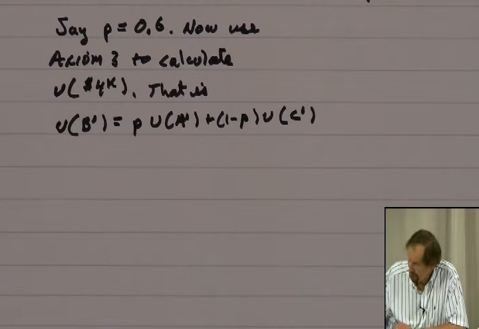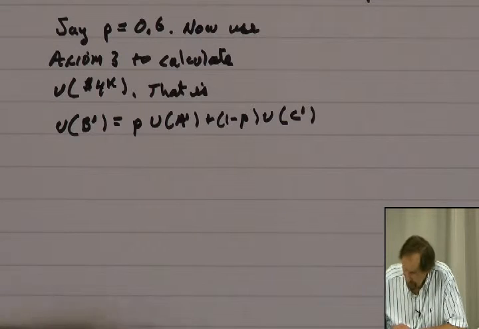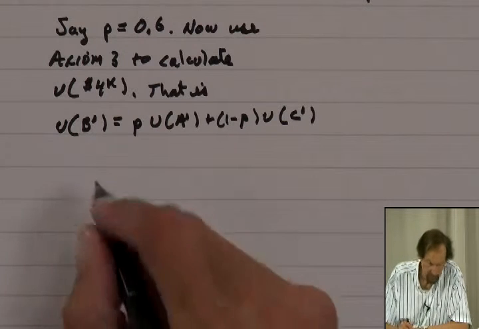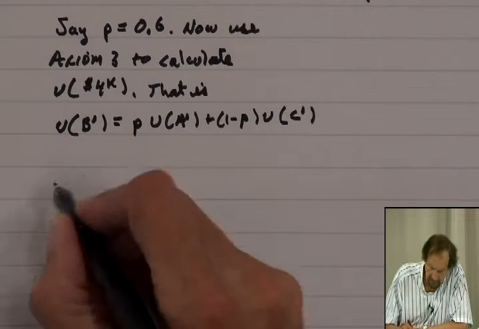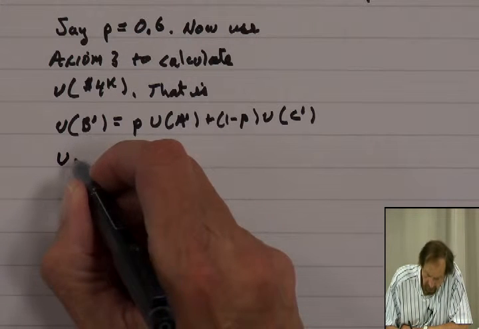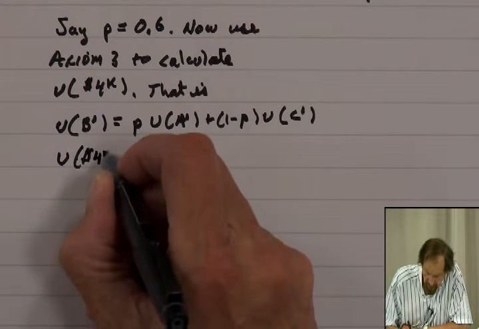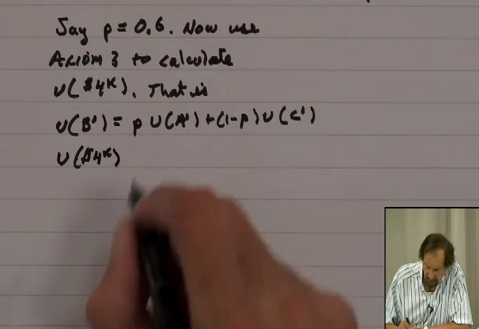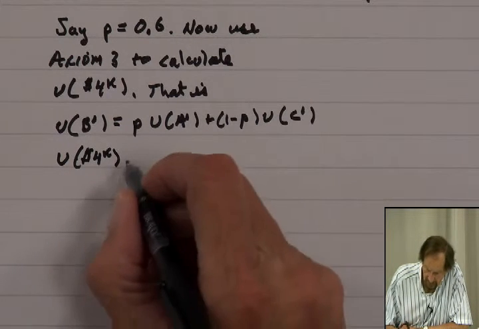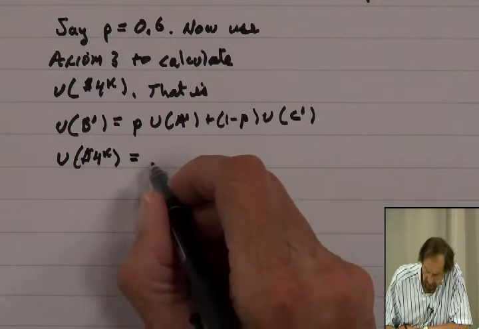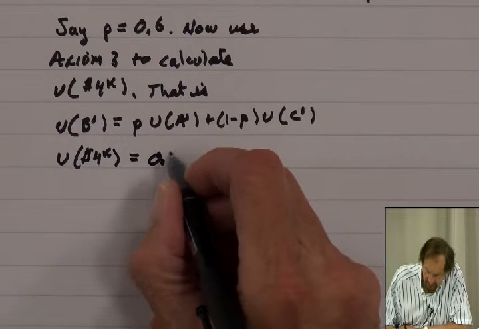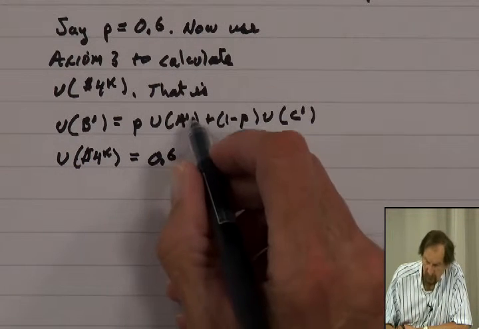Let's make sure that we said that. Yeah, we already said that. Good. So we say that U of 4,000, that's our B prime, because that's the price, equals 0.6 U of A prime.